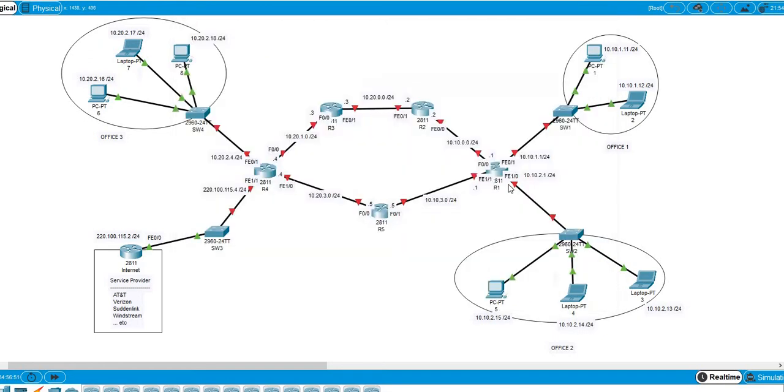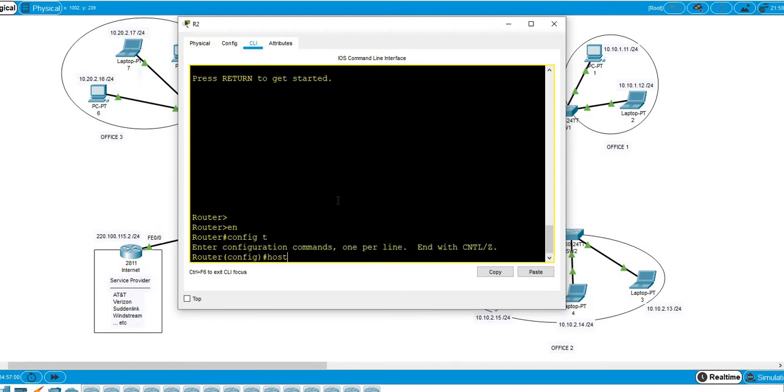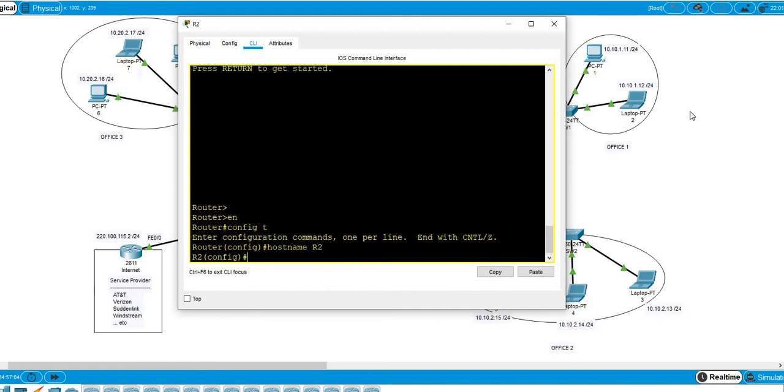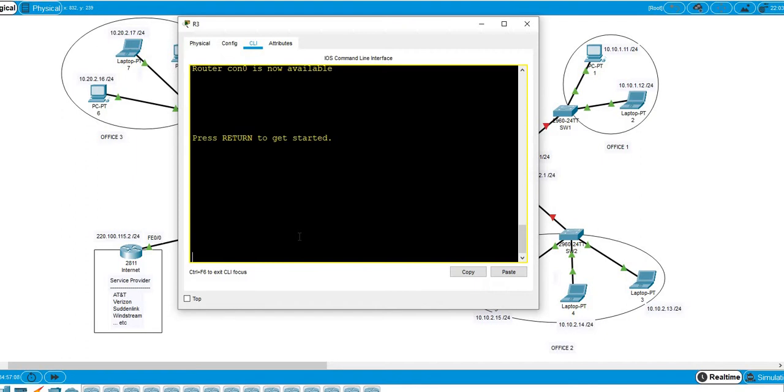So that's done. Do the same on R2. Hostname R2. Do the same on R3.